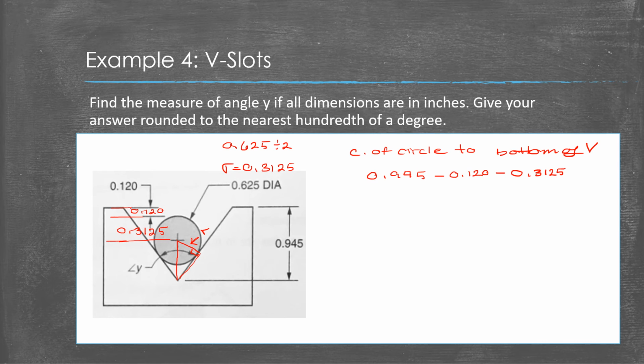So all we're doing is we're finding out, we know what this total distance is, subtract a little bit below the top of the circle, and then subtract a radius to get you to the middle of the circle. This distance is equal to 0.5215. I'm going to redraw this triangle because I really like doing that to simplify the question.